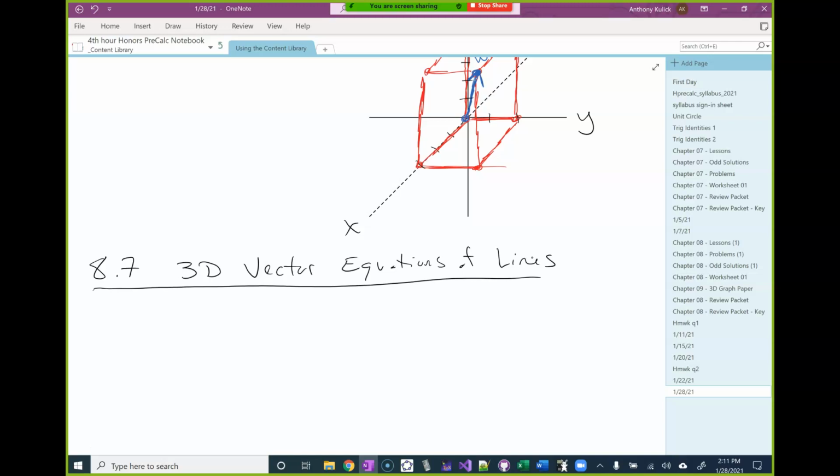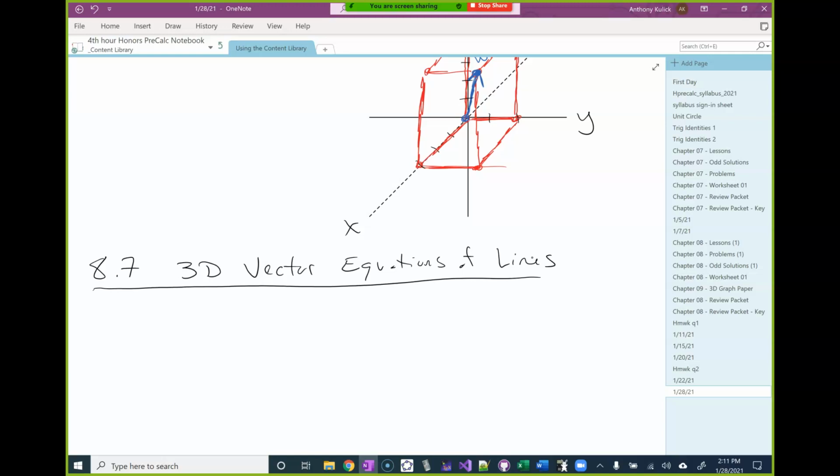Now, when we wrote the equation for a line in 2-dimensional space, we needed a slope and a point, right? What does slope mean in 3 dimensions? It doesn't really have a representation, right? Because there's not rise over run, because there's 3 components. So what we really need to get away from is thinking about slopes, and really we have to start thinking about a direction vector.